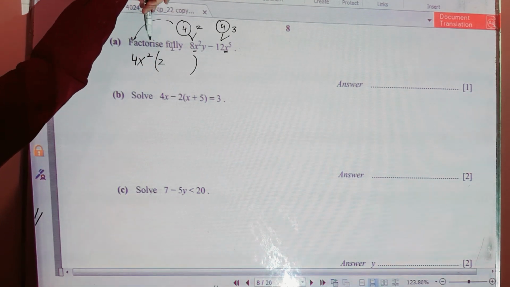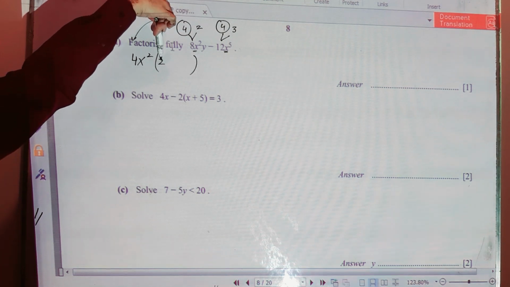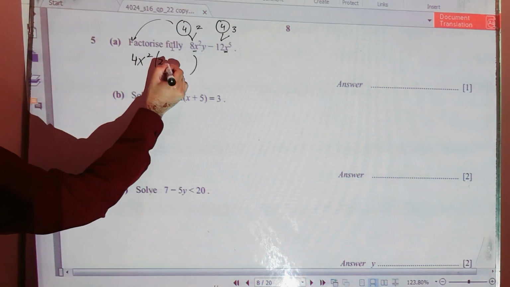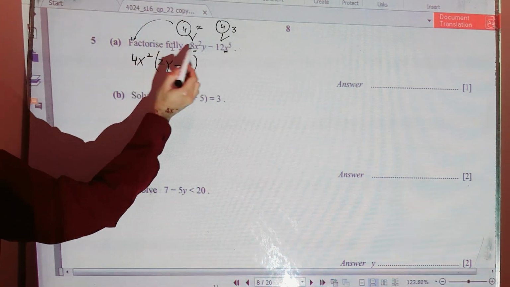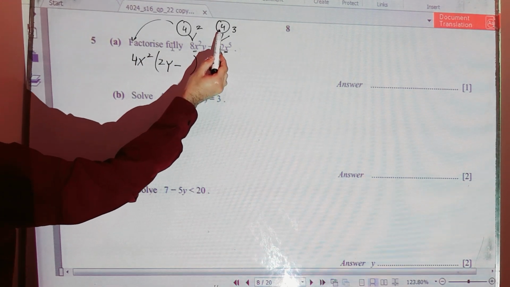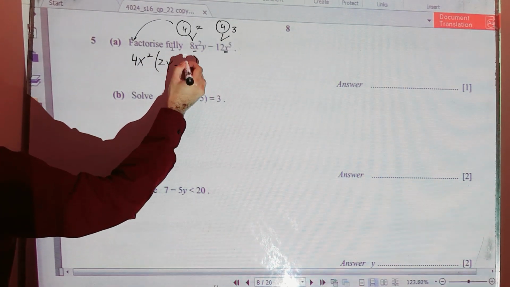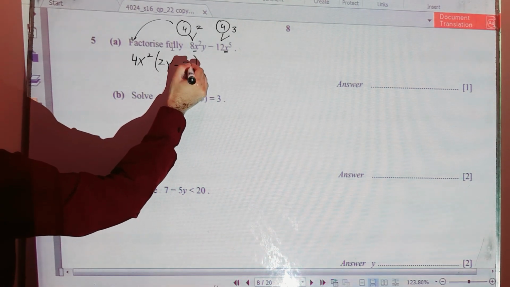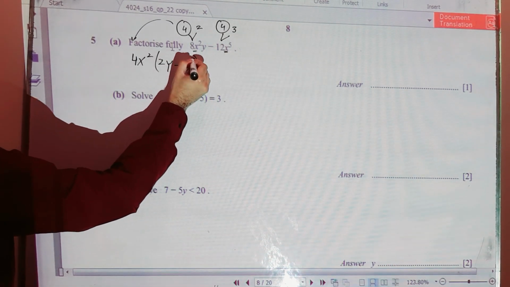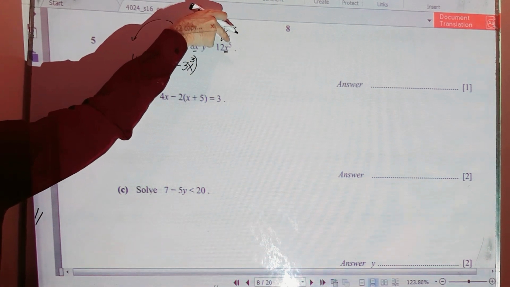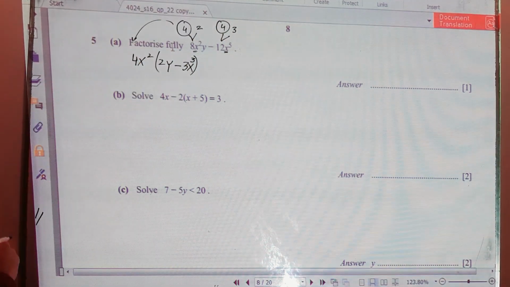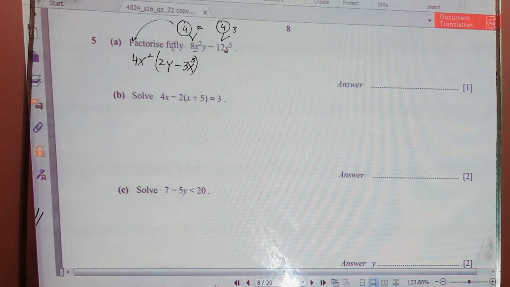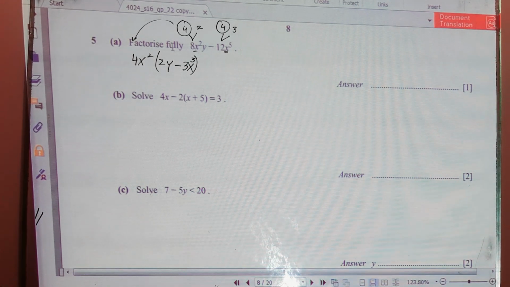Here you can see 4 is taken out and 2 is left inside the bracket, and y minus, out of the factors of 12, 4 is taken out and 3 is left over with x power. The x power will be 3, as out of this 5, 2 is taken out, so we have 3x cube. So this is the possible factorization for this part.